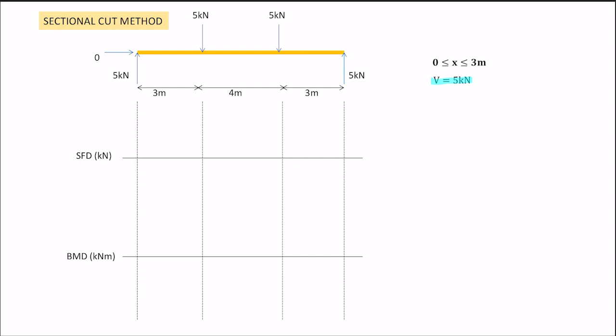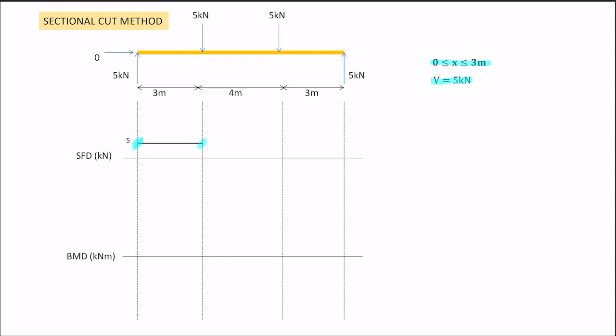Okay, tengok balik equation yang you buat sebelum ni. So, bila V sama dengan 5 kilonewton, so you tahu 5 sepanjang ini dia tak berubah. Maksudnya daripada limit kosong sampai 3 meter ni V adalah 5 kilonewton. So 5 sampai sini 5. So straight dia pergi.